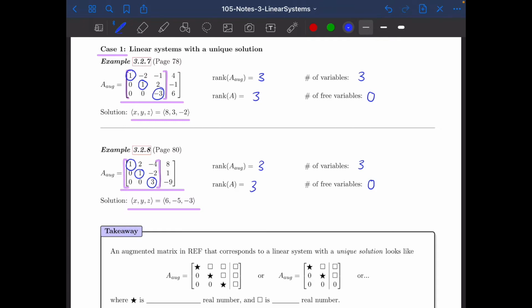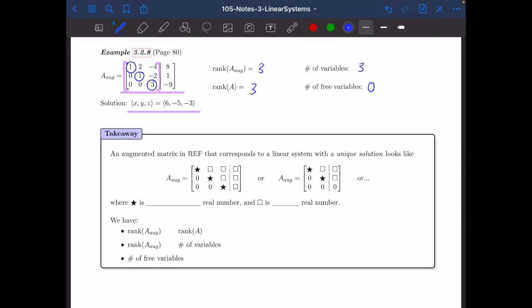Now, in general, what does an augmented matrix in REF that corresponds to a linear system with a unique solution look like? Well, let's look at this takeaway. In general, an augmented matrix in REF that corresponds to a linear system with a unique solution looks like this, and here we're given two examples.